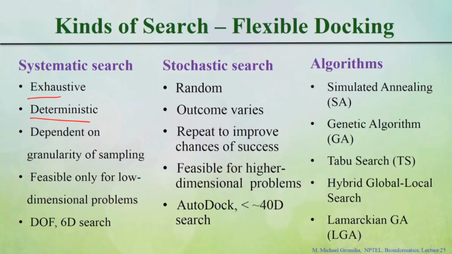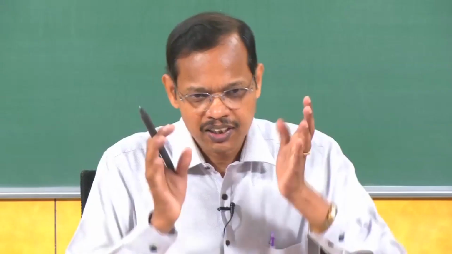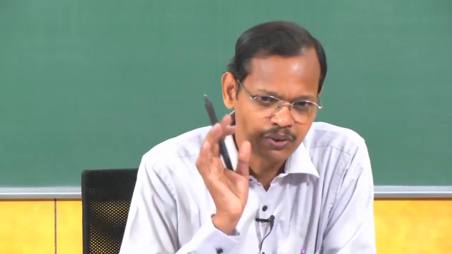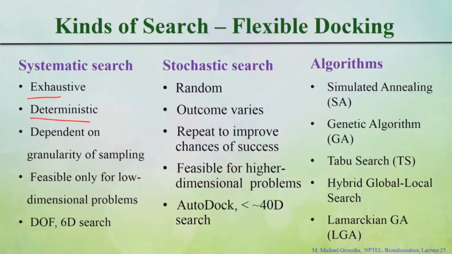We can determine exactly which conformation fits well with the ligand. If we have one ligand, we change the conformation, fit it and get the scoring. You can see these are the possible cases, and we can determine exactly the pose where the ligand can interact with the particular conformation of the protein. That depends upon the granularity of the sampling: how many times you want to do it, what the deviation is, how many degrees you want to change.